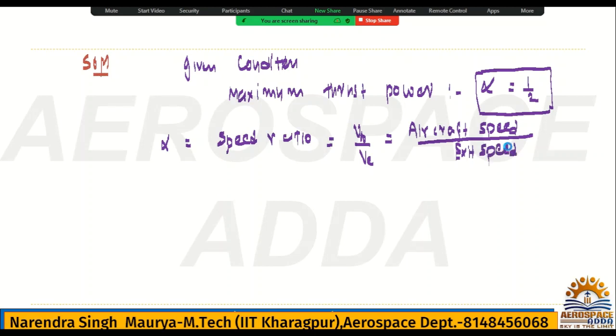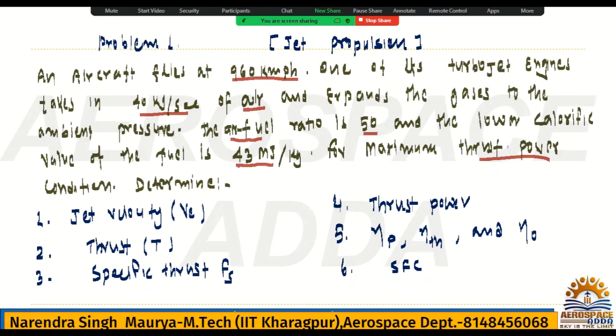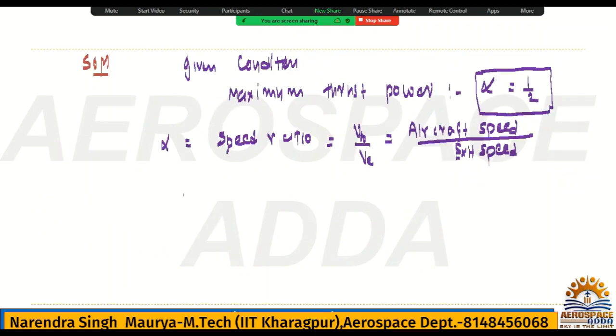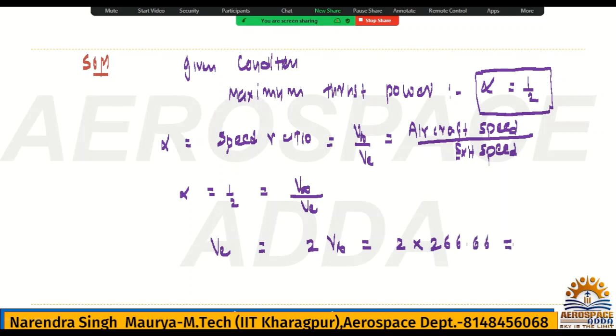Okay. What is the first problem? Jet velocity at exit, they are asking. So we can get this. What is the alpha value? It is 1 by 2. It is nothing but V infinity divided by V exit. So what is the V exit? It is 2 times V infinity. V infinity is nothing but 266.66. Just find this value. 266.66 into 2 is 533.32.